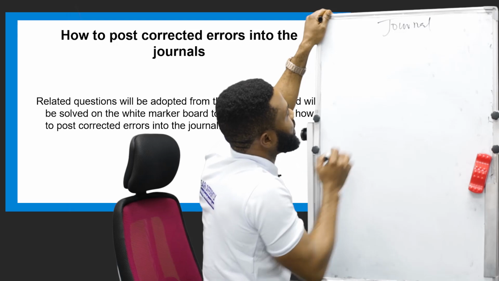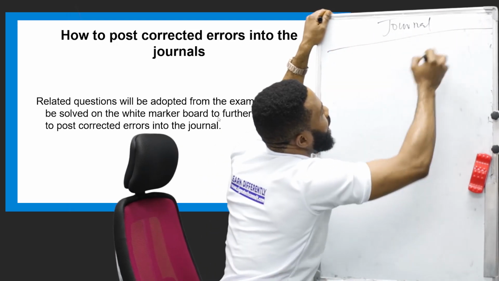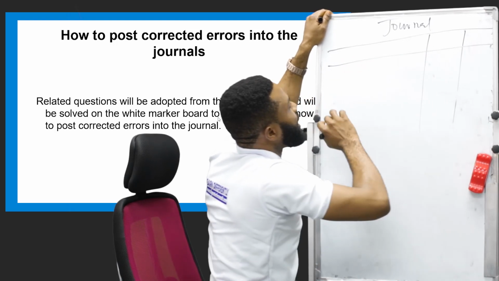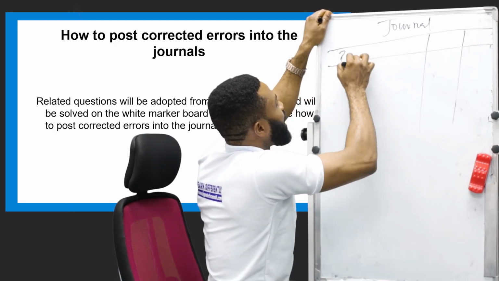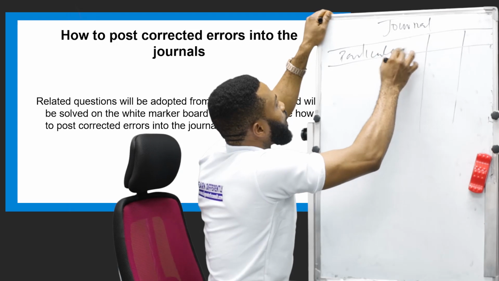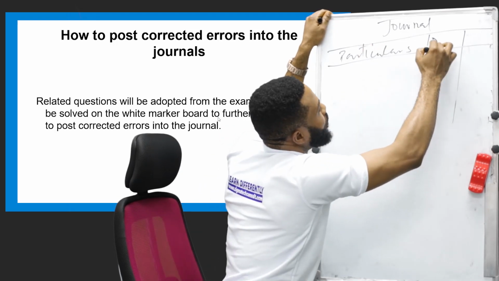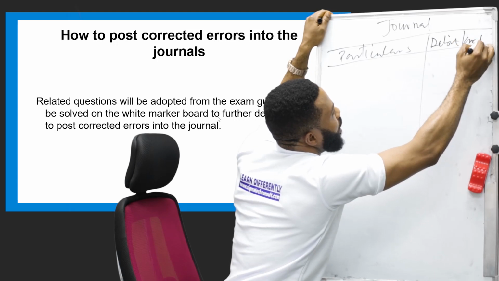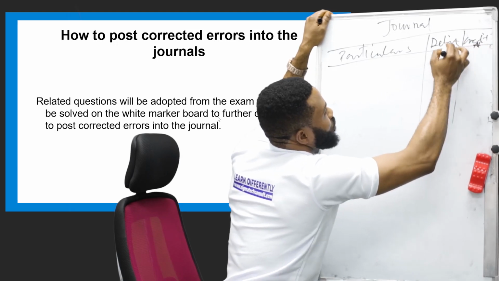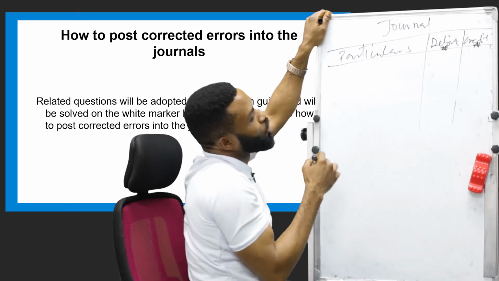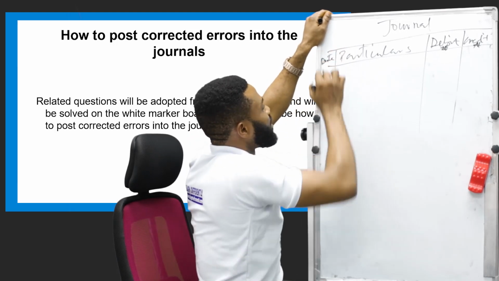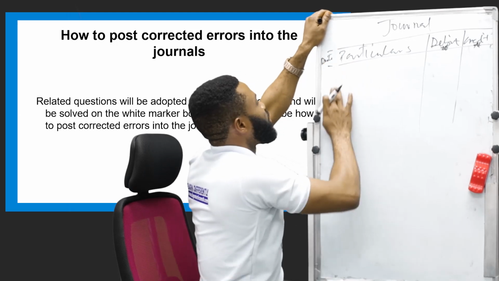Just write a journal like this, and then it has 3 columns. We have the column for particulars, the column for debit, and the column for credit. Let's assume we are using Nigerian currency. Some textbooks will put a date here, but I don't think it's necessary because it's an extract.